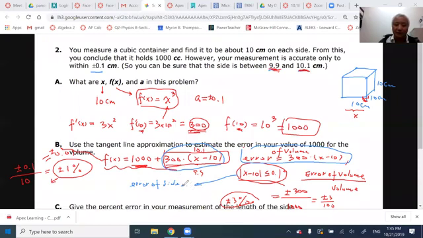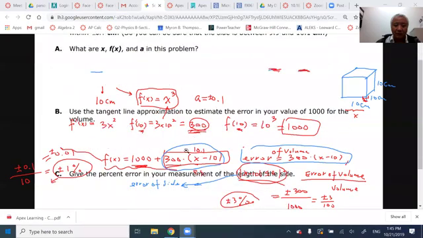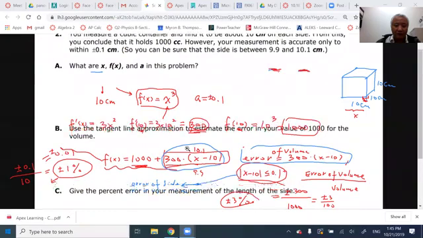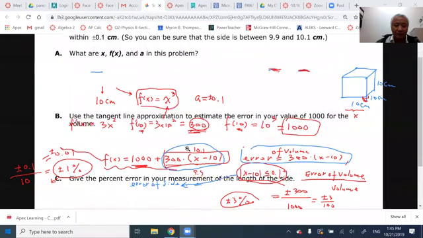Okay. And then when you have this, you can find the percent error here.